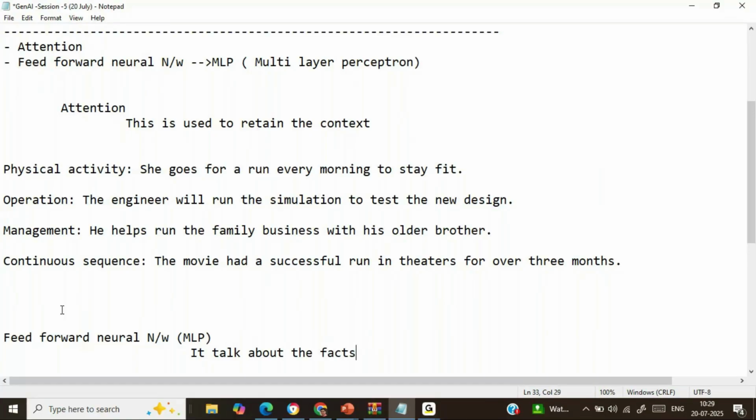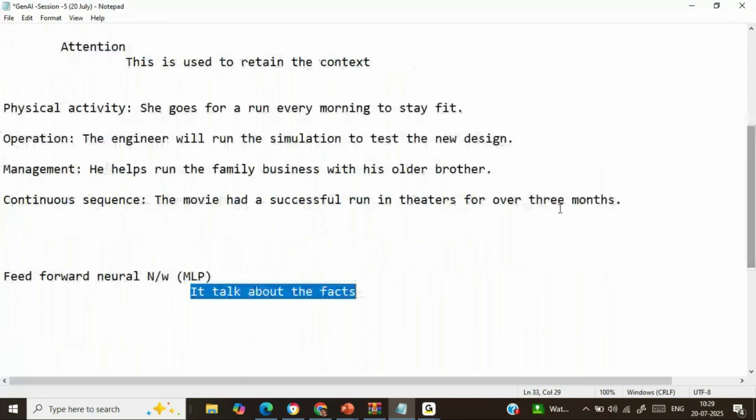It talks about how the data which was utilized to pre-train the model is used, and the facts are calculated.